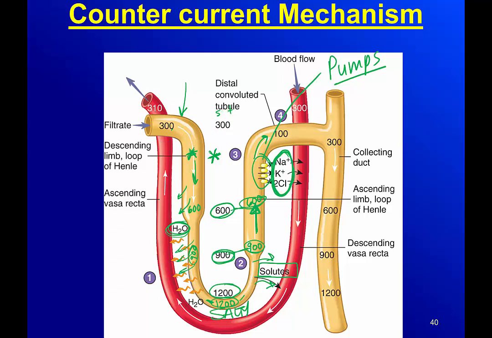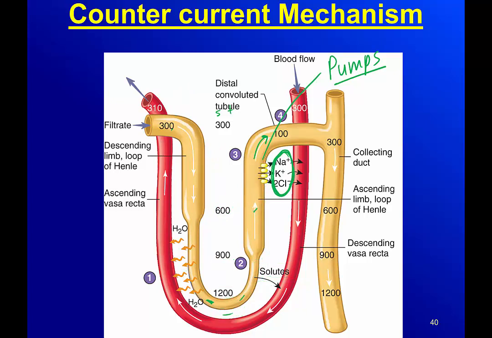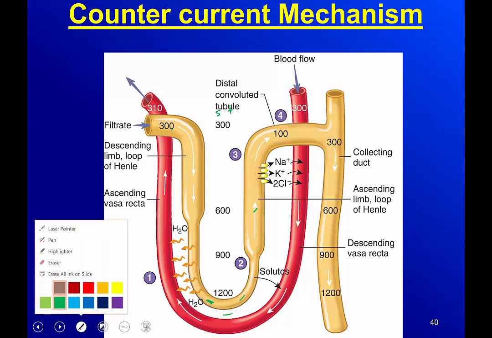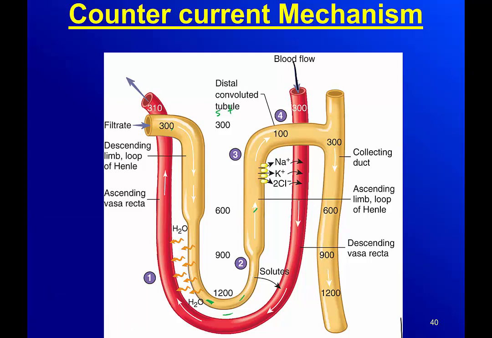So, those same rules about being matchy actually work for the blood as well. So here's my blood flow. At 300, my blood's at 300.